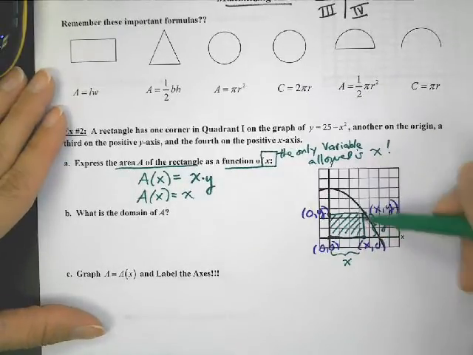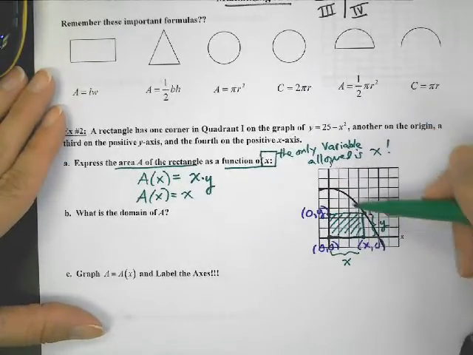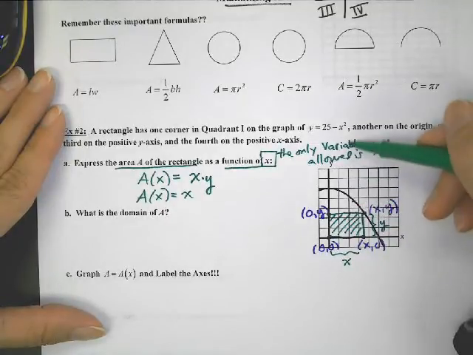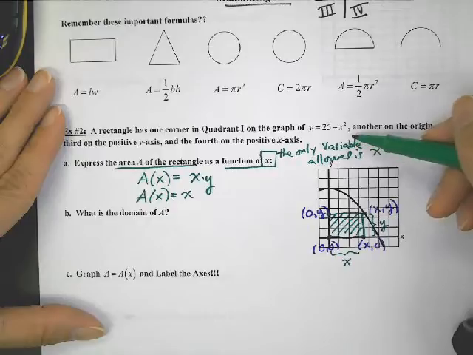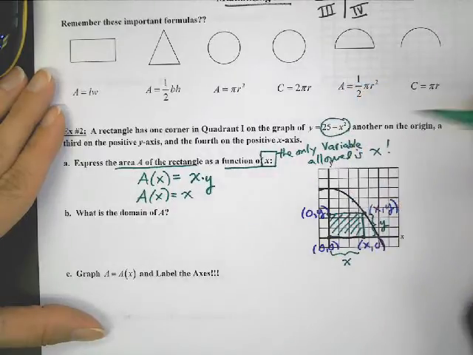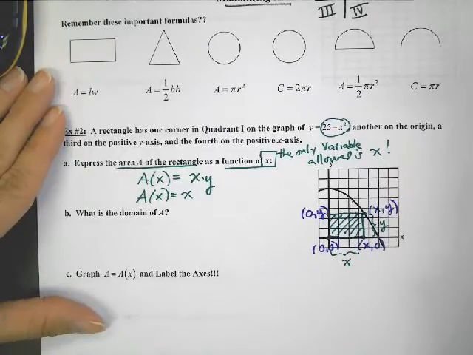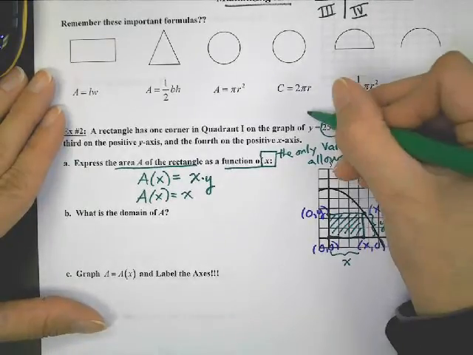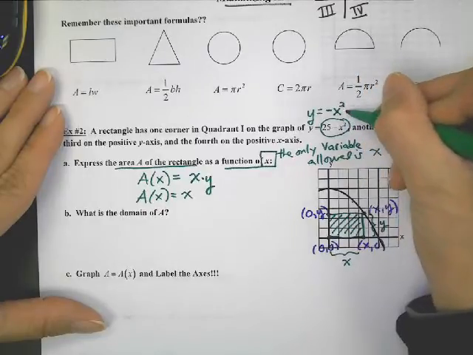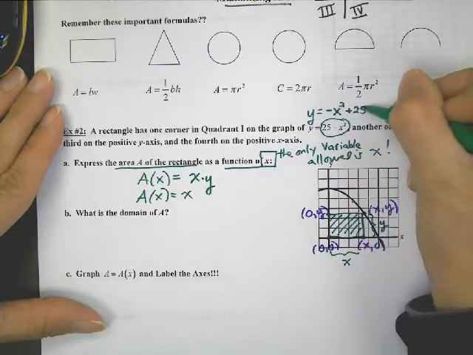And I know that it's from this graph right here. I know the point has to stay on the graph. Take a look up here. Right there. That is what y could be equal to. If I rearrange this, it's negative x squared plus 25.